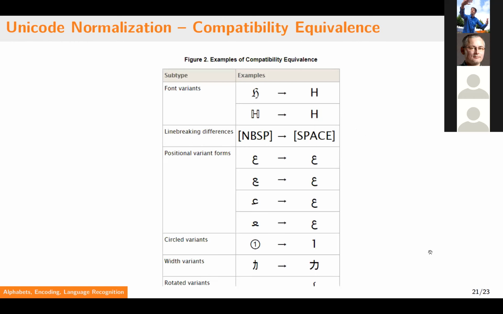There is another level of equivalence, or this is not actually equivalence, this is rather a relation between characters. And this one is more tricky. So we don't always want to unify these characters. This is just an example from the Unicode website to show you that not every correspondence between characters is a real equivalence, but the previous one is.